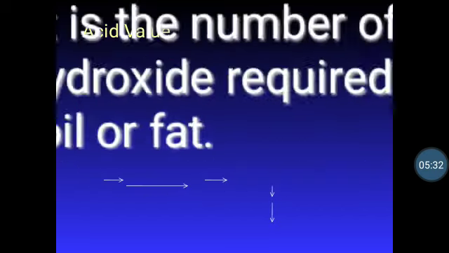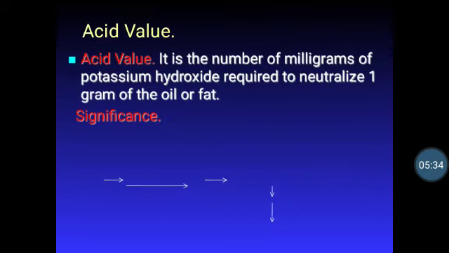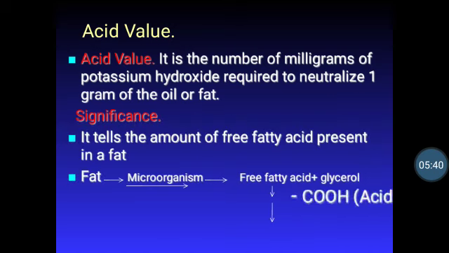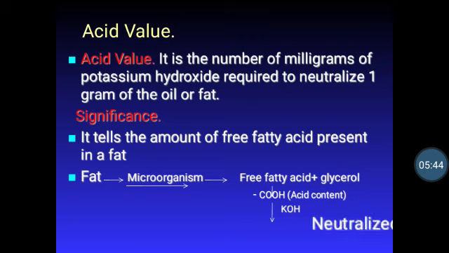Next parameter, acid value. Acid value is defined as the number of milligrams of potassium hydroxide required to neutralize 1 gram of oil or fat. Let's try to understand this definition. Before we discuss acid number, we have to understand what will happen to the fat when it is stored for a longer period of time.